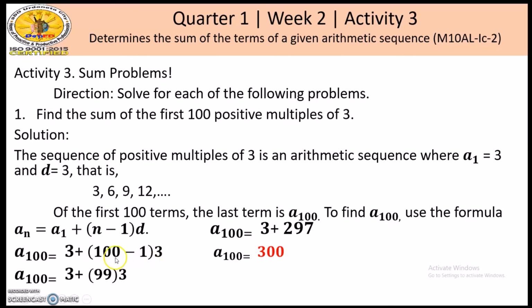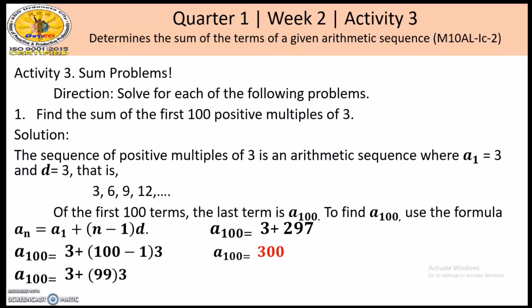So we have 100 minus 1 equal to 99. And 99 times 3 is equal to 297 plus 3. Thus, your a sub 100 is equal to 300.